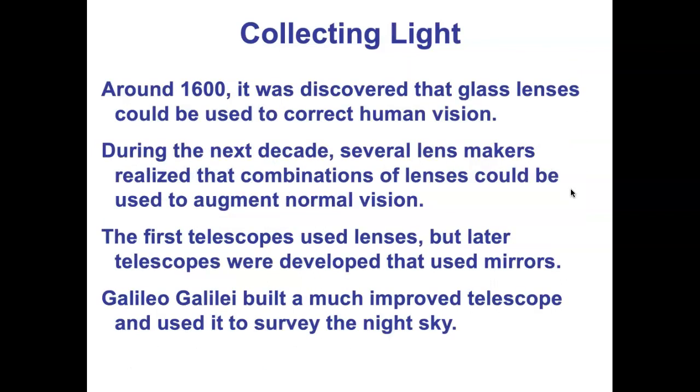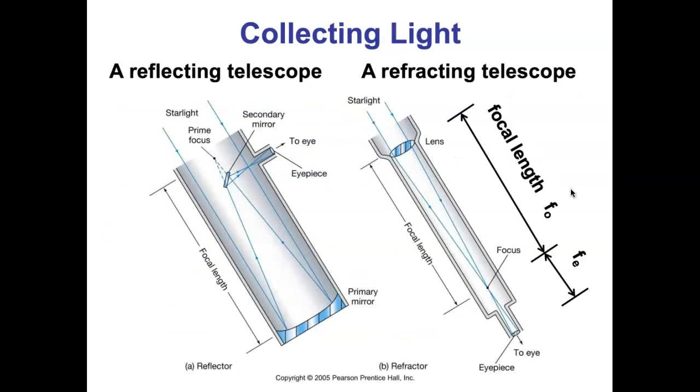And that's where lenses, mirrors, and telescopes come in. Lens making really started getting good around the early 1600s, because what is a lens? A lens is a piece of glass that is polished and curved to just the right shape that it focuses light, that it takes rays of light and focuses them to a focal point.